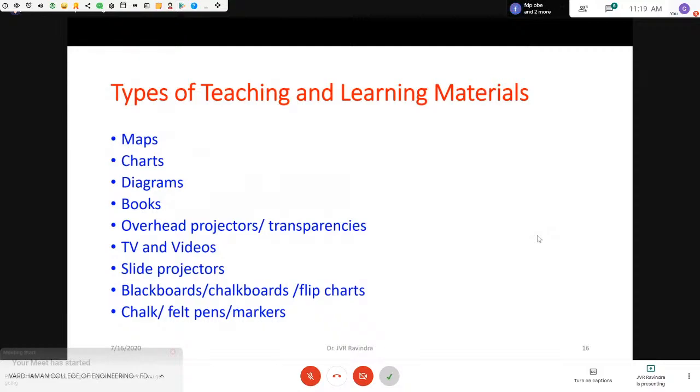If you just give it to them, they will understand automatically, so they don't face any problem in writing that, because a block diagram is sufficient for a better picture. Overhead projector, transparencies, TVs, videos, these are all your materials. So how effectively you are using them and all other things.